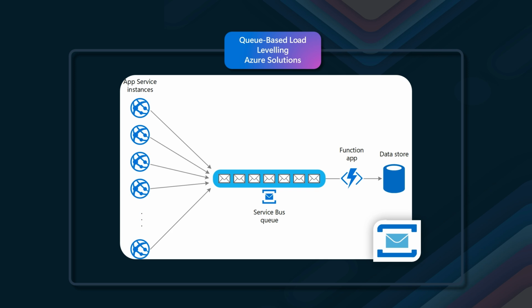This ensures that the backend systems are not overwhelmed by the sudden spikes in load, leading to a more consistent, reliable performance. This pattern decouples the message generation from the message processing. The app service instances can continue to generate messages at varying rates without being directly tied to the processing speed of the backend system.